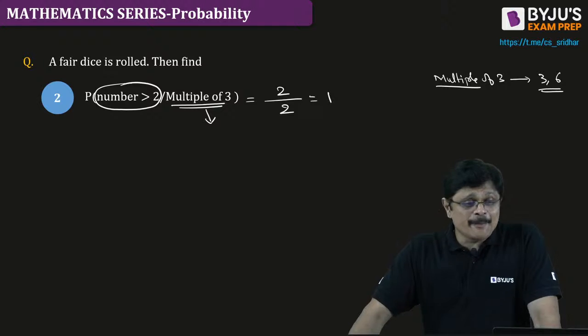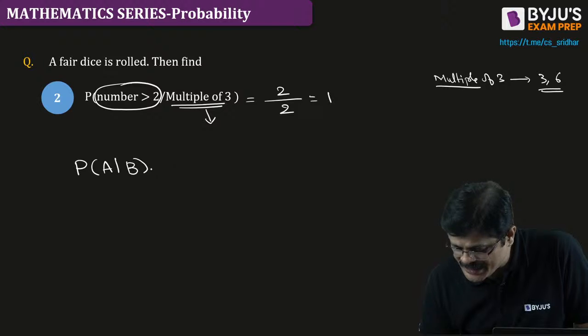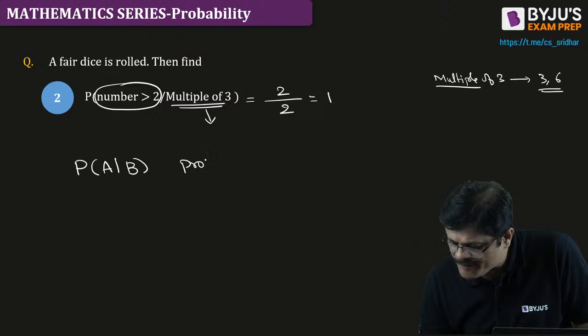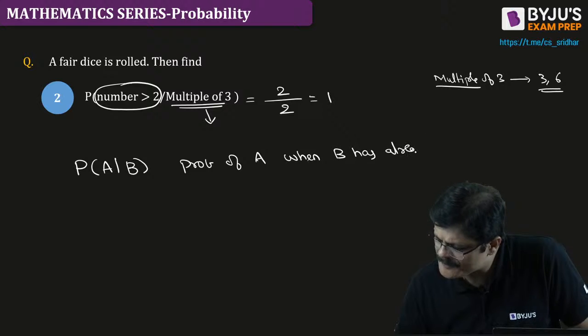See, this is what we call conditional probability, sir. We write probability of A given B. How do you read it? Probability of A when B has already happened.